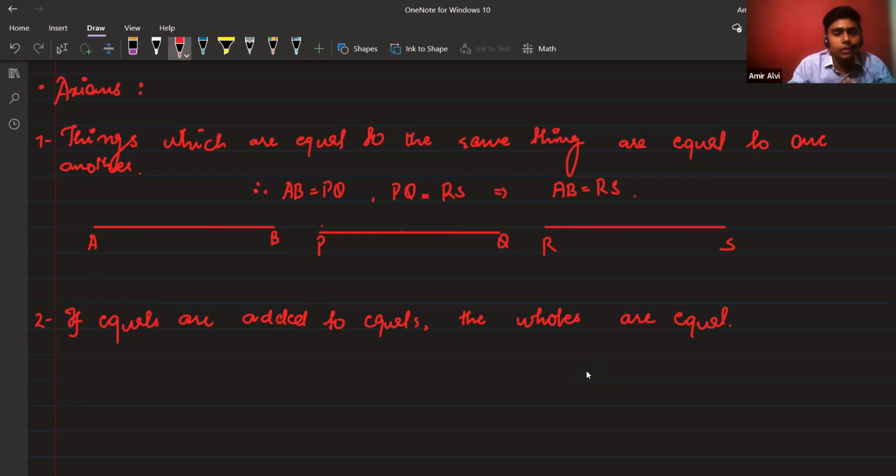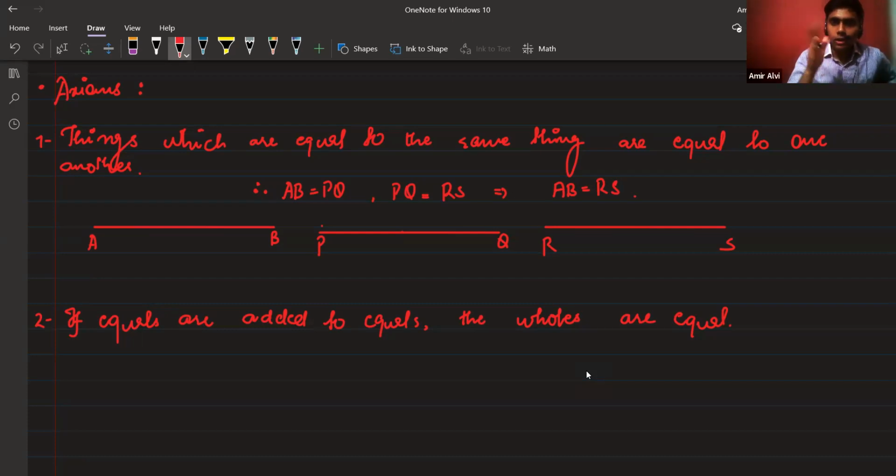After 2 to 3 hours, your mom gives each of you 1 more mango. So you had 2 mangoes in the starting, and your mother added 1 mango to your side and 1 mango to your brother's side. So the answer will be same or no? Yes. Obviously, you have 3 mangoes and your brother also has 3 mangoes.